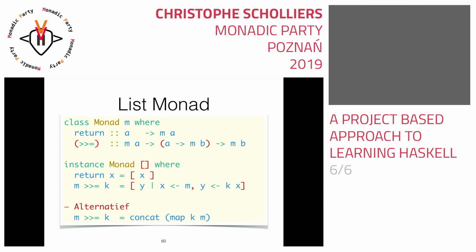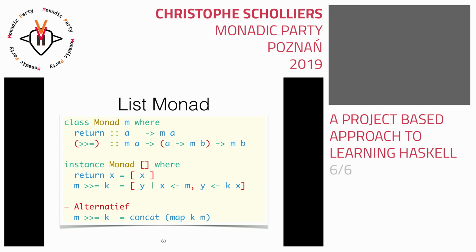So k, that's corresponding to this part, yeah. But we need to instantiate it for the list monad, and so it takes an A and it's going to return a list of B's.